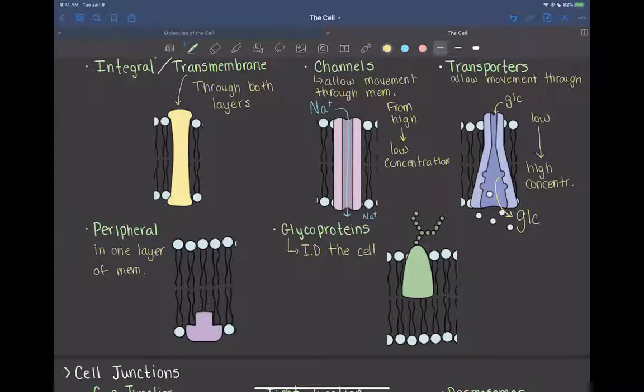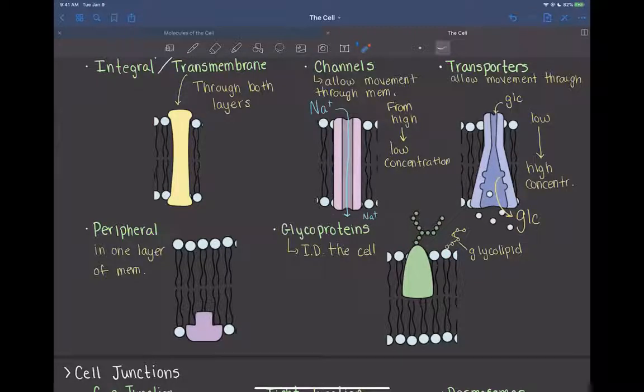Okay, and there actually can also be the lipids, the phospholipids themselves can actually be kind of decorated with sugars. Those are called glycolipids, all right? And those can identify the cell as well. So glycolipids and glycoproteins do similar things. So just adding sugars on the outside of the cell, whether you're adding it to a protein or to one of the phospholipids, those are going to be ways to identify the cell.